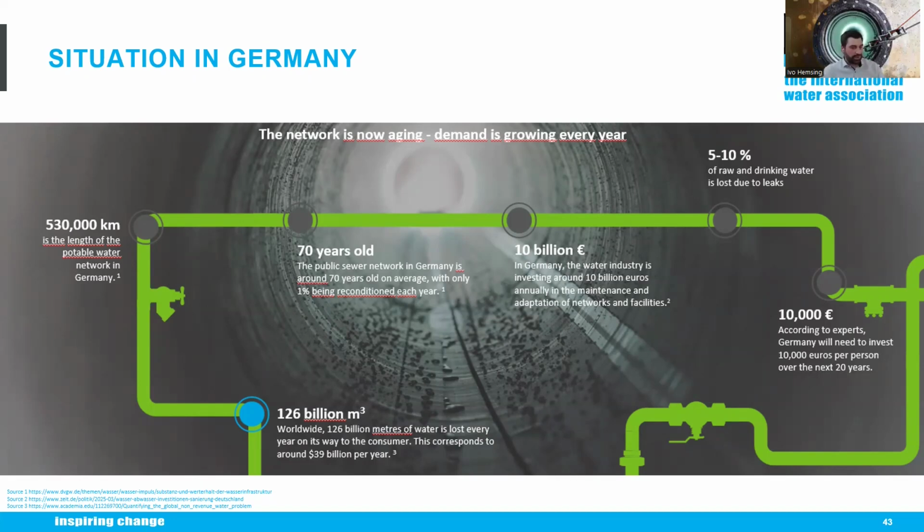Also, raw and drinking water losses in Germany at 5 to 10% is very low by comparison globally. But experts estimate that on a per person basis, every German will need to invest approximately 10,000 euro over the next 20 years to keep water losses to 5 to 10%. So a lot of investment.